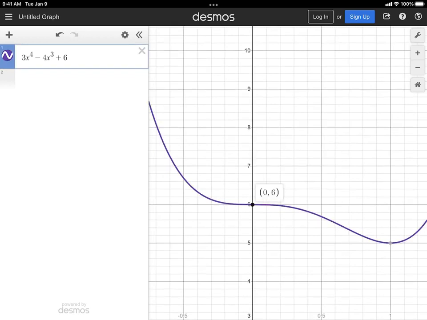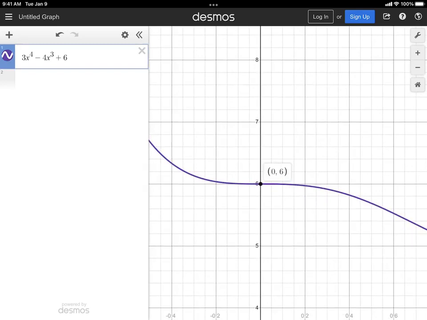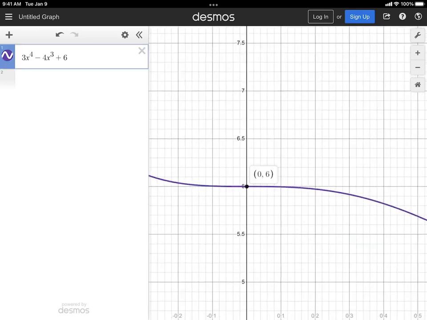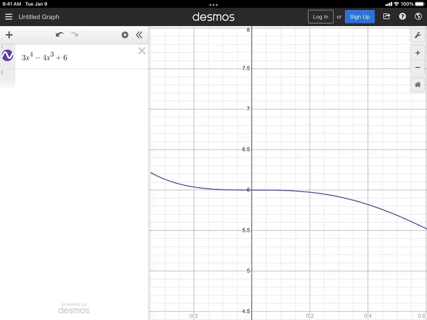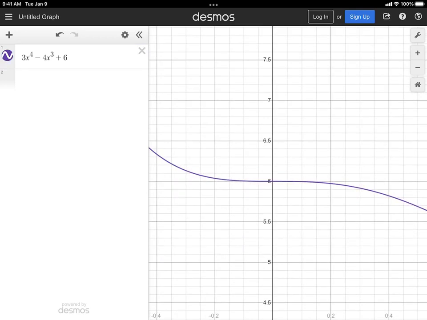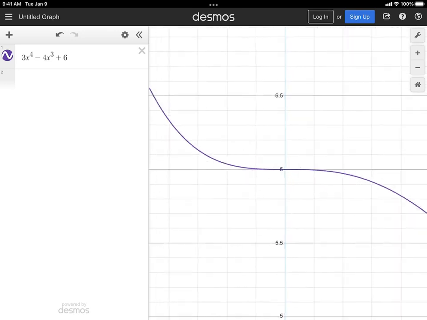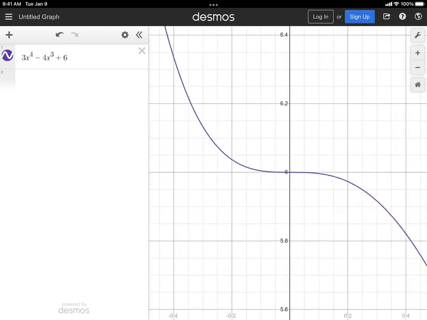And remember, 0 was that critical point, but it's not a max or min, because if we look to the left of x equals 0, the slope is negative, and also to the right of x equals 0, the slope is negative. And so this isn't going to be a local max or local min because of that.